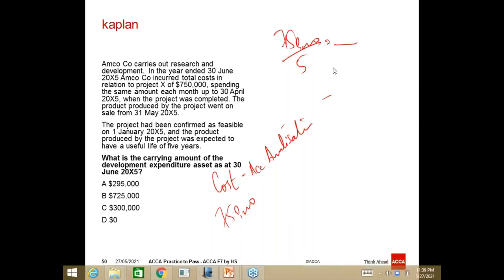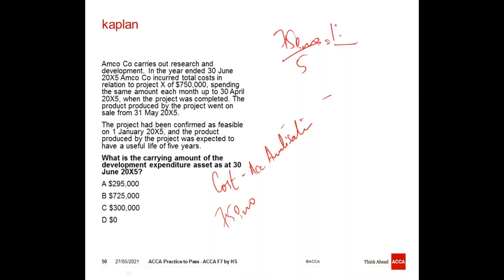The annual depreciation will be 1,50,000. But you need to charge the depreciation for the period of 2 months.